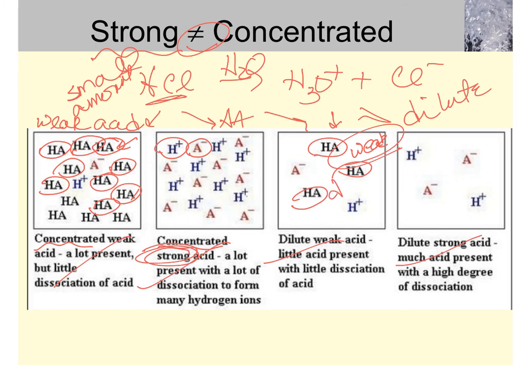And it's also dilute because there aren't very many. And finally, the one on the right is clearly a strong acid because the ones there are dissociated, but there's not very much there. So it is also a dilute solution. It's a dilute solution of a strong acid. And that is it for the second lecture in Chapter 15.